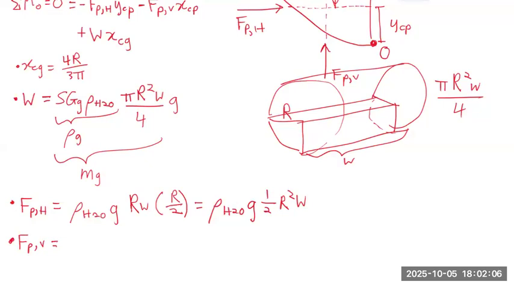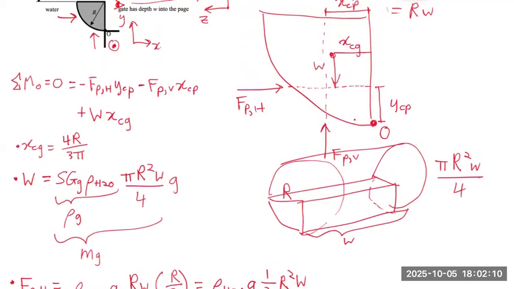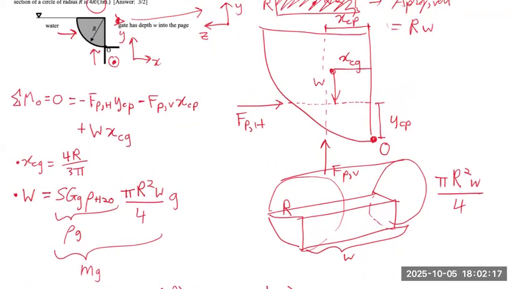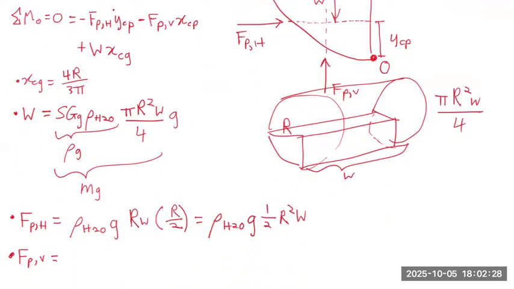So in this case, what is the weight of the fluid above this curved surface? Or in other words, what is the weight of this volume of fluid? So now we have a similar problem as what we found for the weight of the gate, except now we don't need specific gravity anymore.